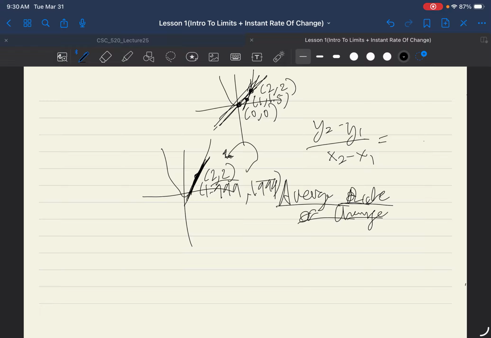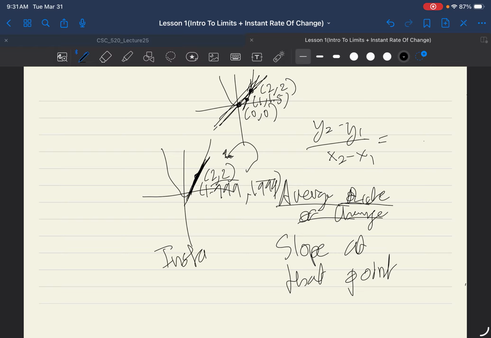We have to call it the slope at that point, or instantaneous rate of change.